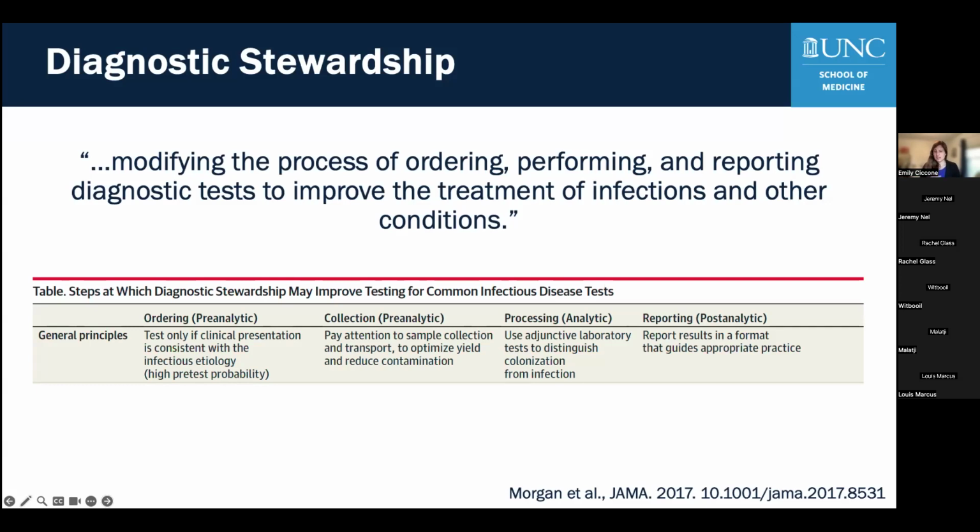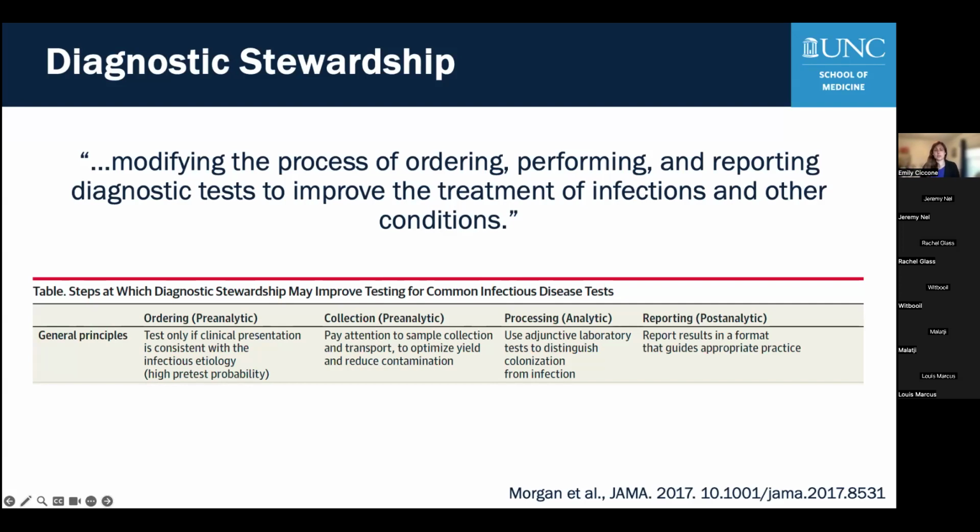And then another pre-analytic point where diagnostic stewardship can come in is the sample collection. So for instance, not drawing blood cultures off of a peripheral IV, which increases the risk of contamination. Something like that would be a diagnostic stewardship concept at that point in the clinical pathway.